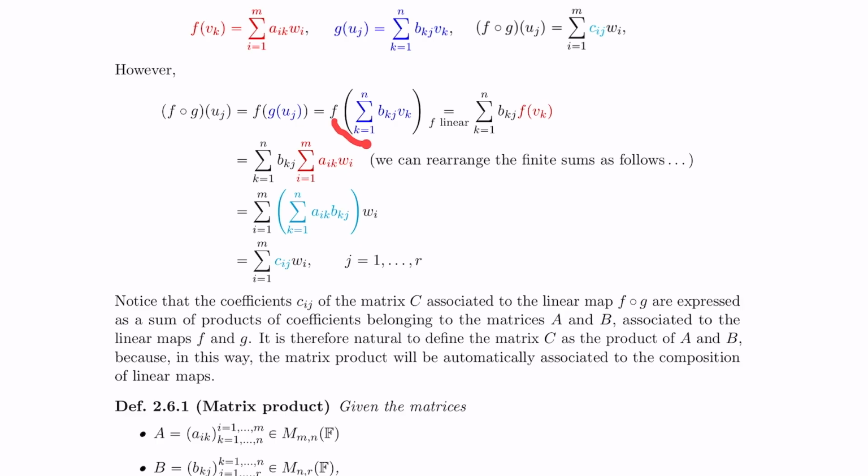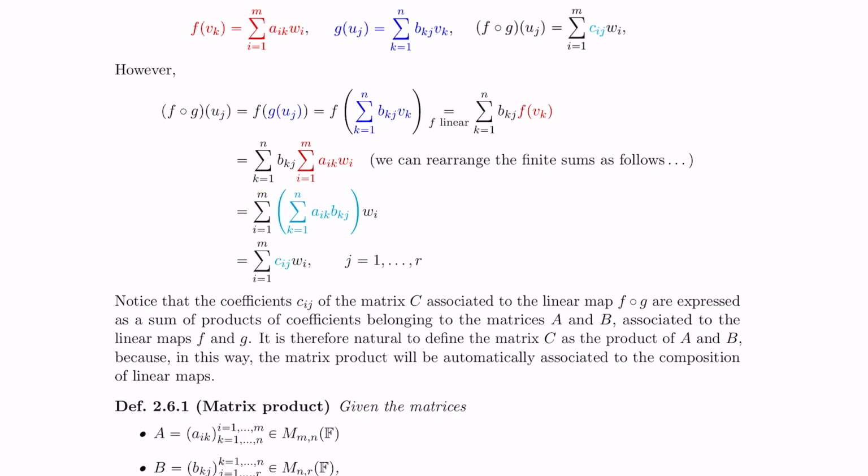That is, we can take f and apply it directly over the vectors v_k. This is exactly what is written here. But now, instead of f of v_k, we can use the explicit expression that we have found before. So, at the end, we have that f composed with g applied to the vector u_j has this expression here.